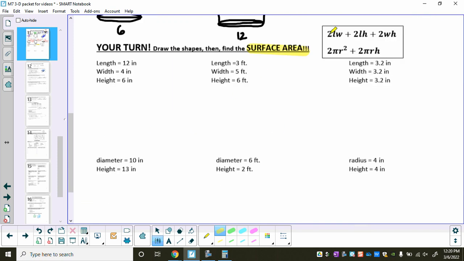So to cover up the boxes, this would be the formula that you're going to plug into Desmos, and that would be for this one, and this one, all right? And then when you're coming down to these 3 right here, for the cylinders, you're going to be covering them up using this formula right here. And that's just practicing the topic from earlier in the unit.